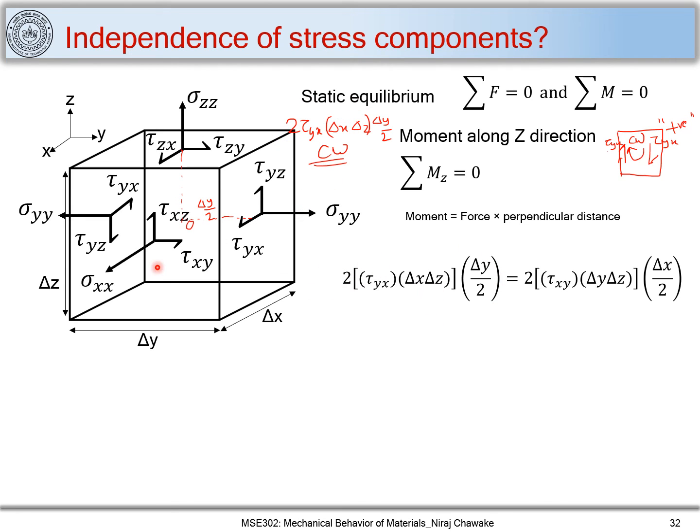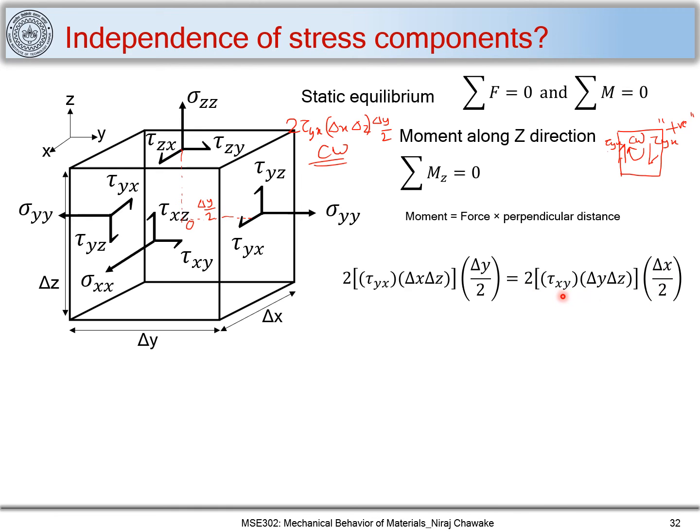Similarly, I have tau xy, which is the shear stress acting on this x plane, and it is causing a moment in the counterclockwise direction. I will multiply this stress by the area of this plane and by the perpendicular distance from this point O. This is what I have marked.